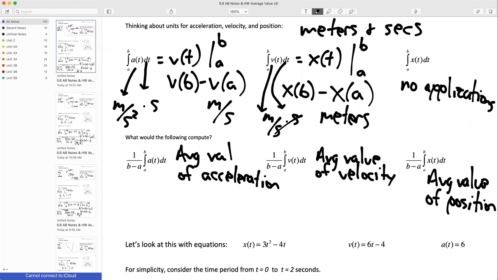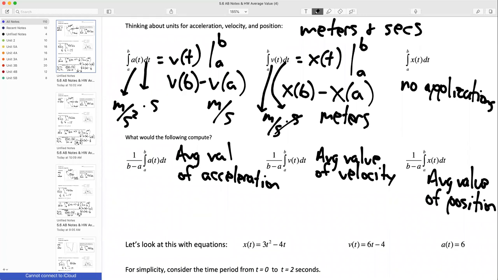Well, now let's think about the units. Ignore the 1 over b minus a for just a second, and look at the example that we just did. If I integrate the acceleration, what do I get? I get meters per second. But then I am dividing by b minus a.